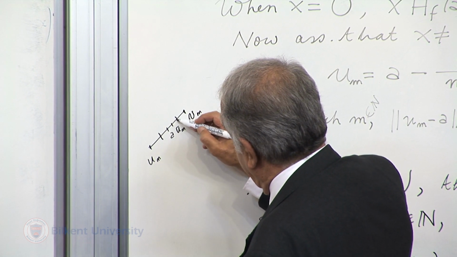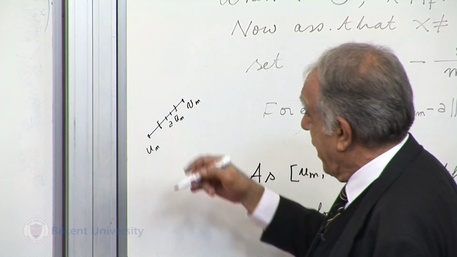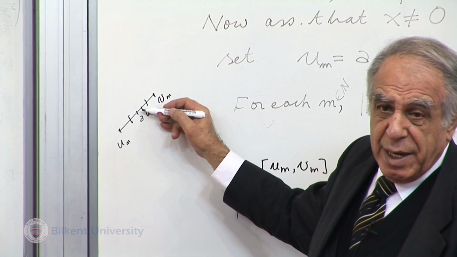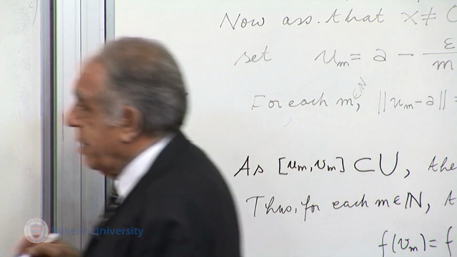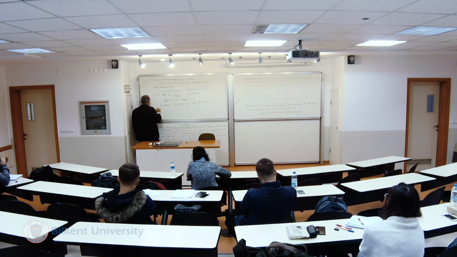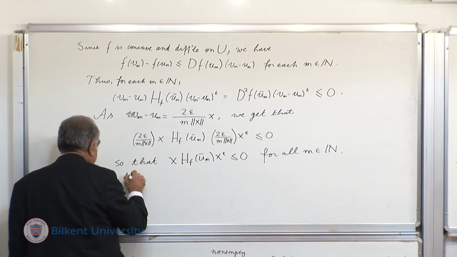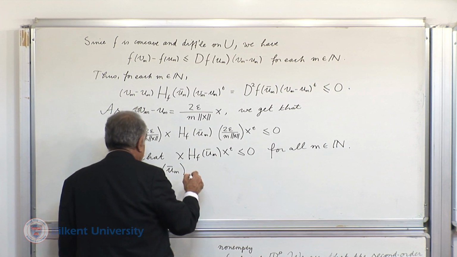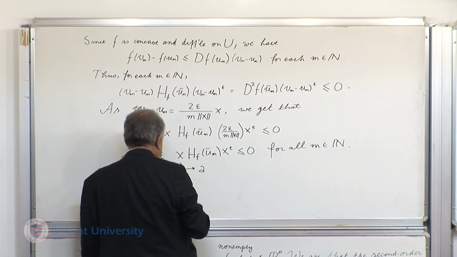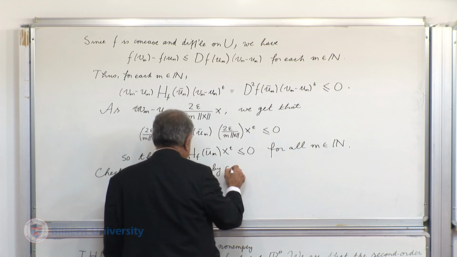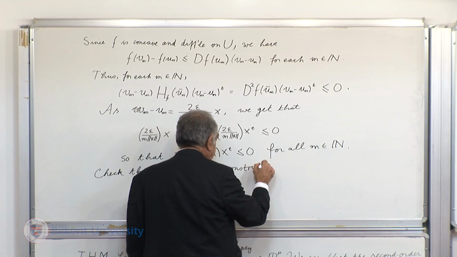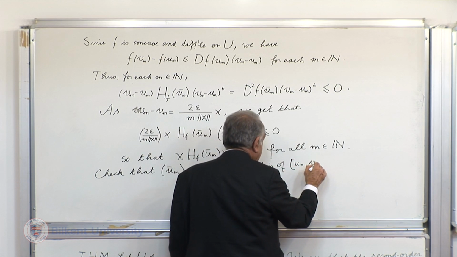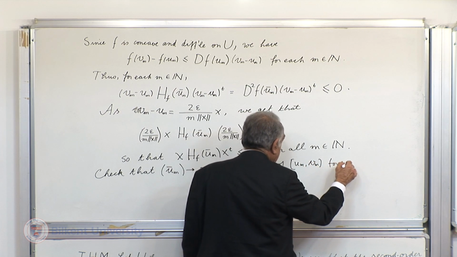But if you make this smaller, well, u bar m plus 1 is in here, but A is the midpoint again, so it's easily seen, or check that. u bar m converges to A by construction of Bm for each m in N.